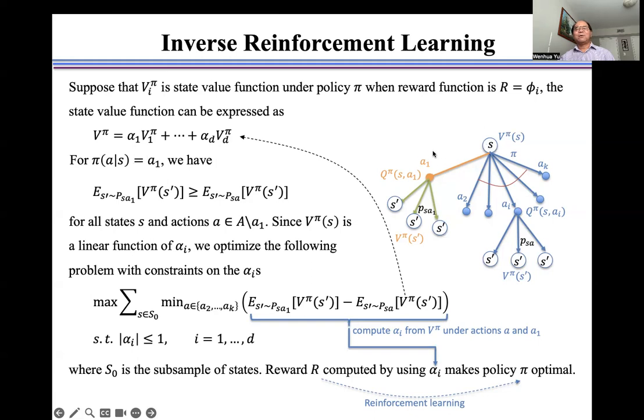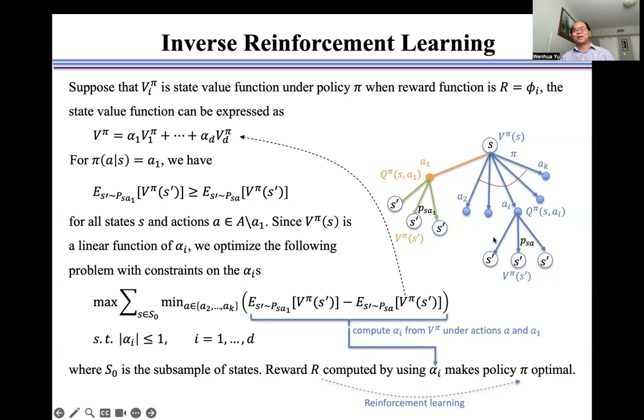For the optimal action A1, we calculate the expectation of the state value function over all the next states from this point, because this optimal action is better than any other action.